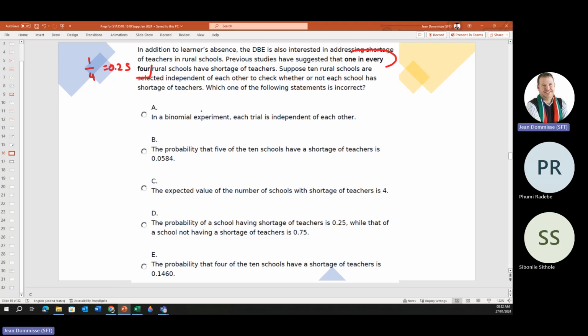Suppose 10 rural schools are selected independently of each other to check whether or not each school has shortage. Which of the following statements is incorrect?